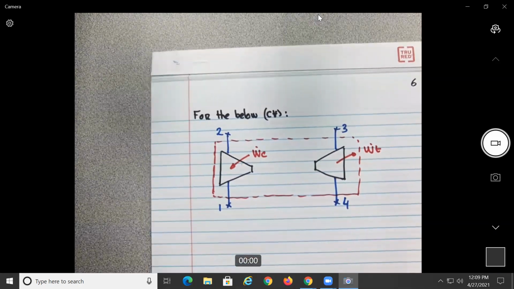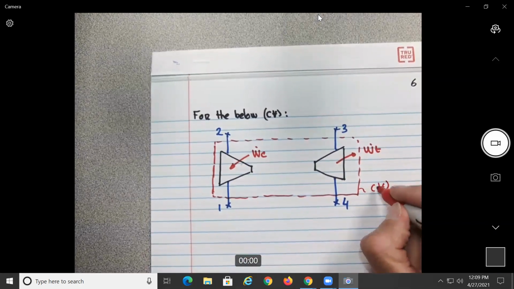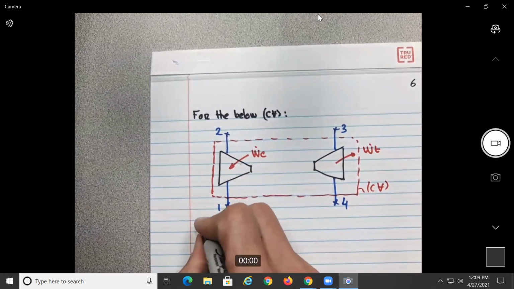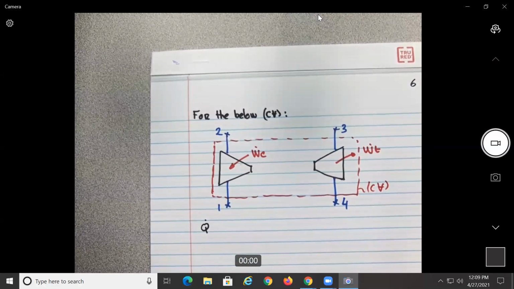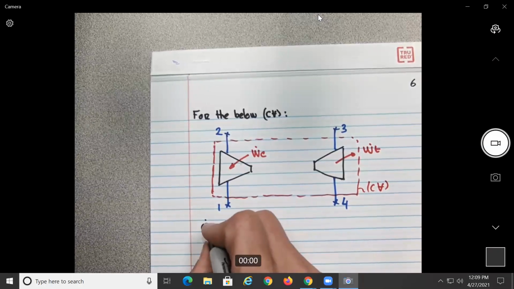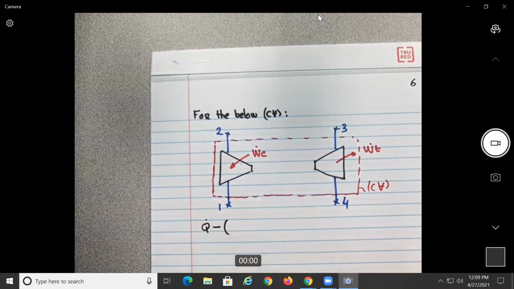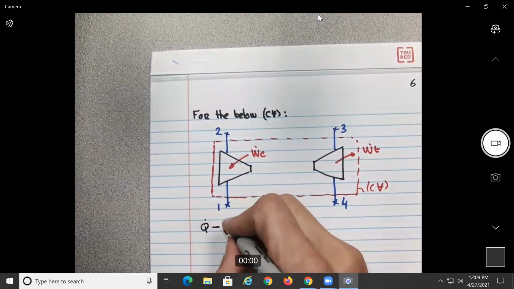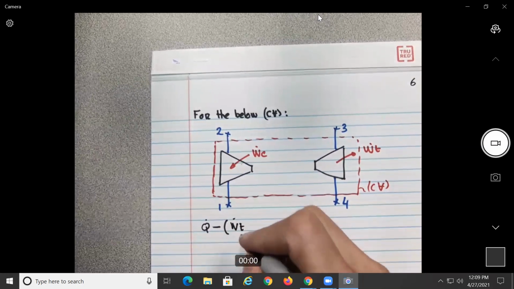So for this control volume, let's apply the first principle of thermodynamics. So we'll have Q dot, and now we need to be careful here, minus, be careful here now with the sign. I guess we need to do work.